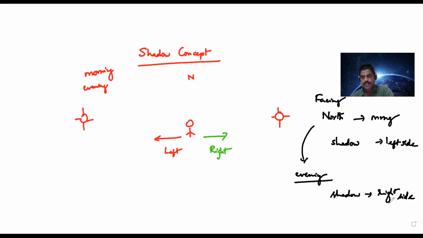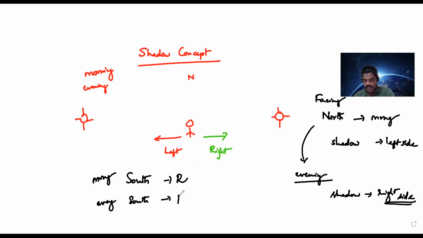This is nothing but shadow concept. In the same case, if he is facing south in the morning, his shadow will be towards his right side. And if he is facing south in the evening, his shadow will be towards his left. Right?